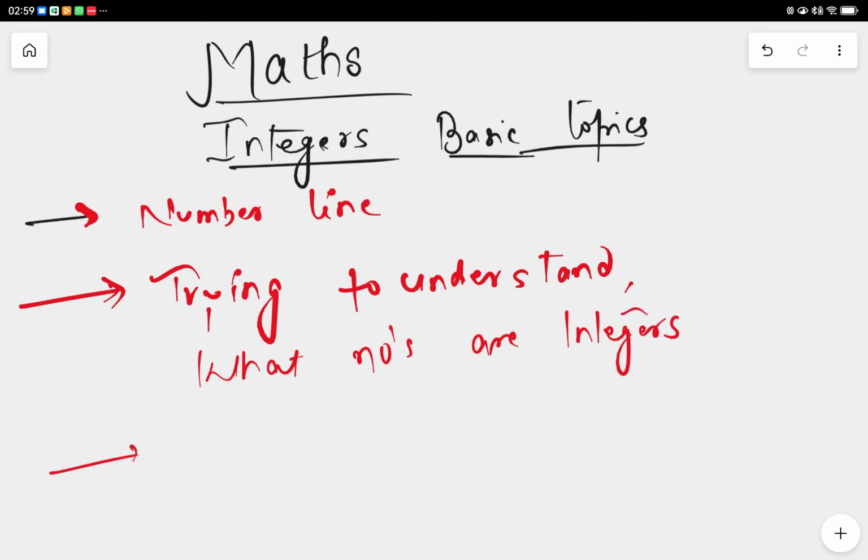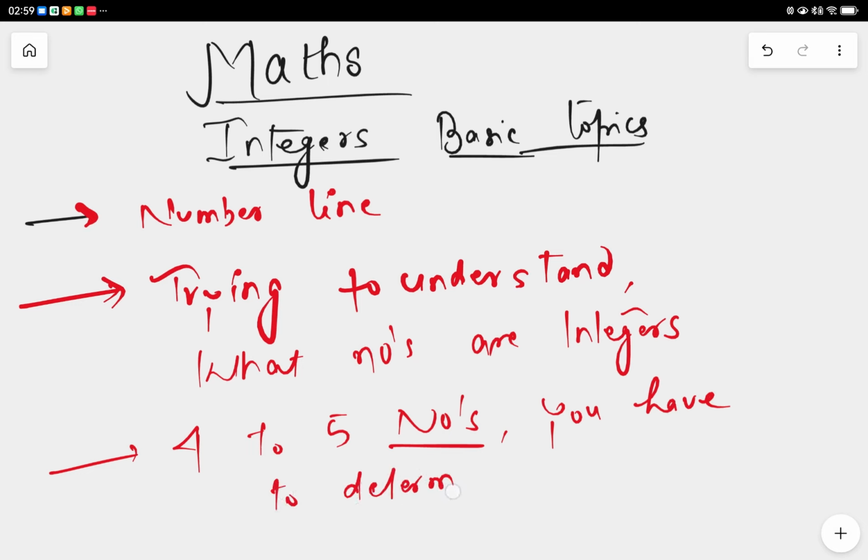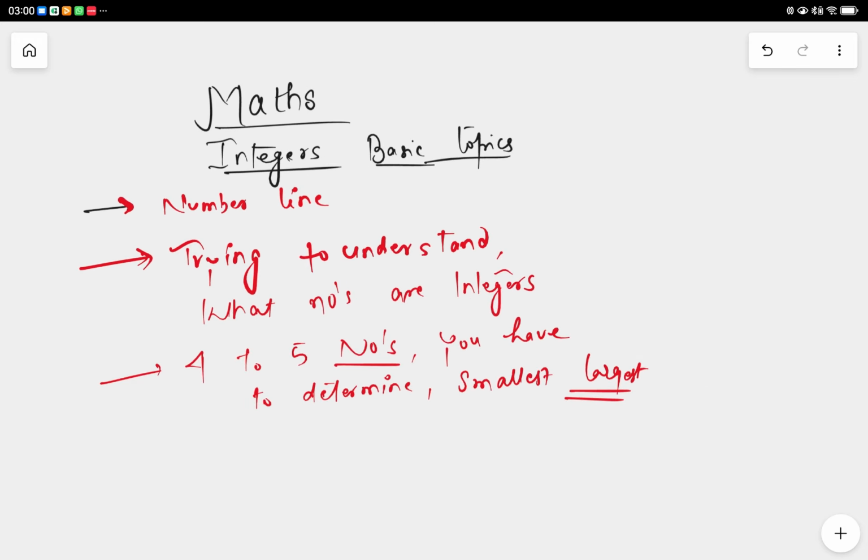And the third one, I'll be giving you 4 to 5 numbers, and you have to determine which is the smallest and which is the largest. So these are my aims of my video.